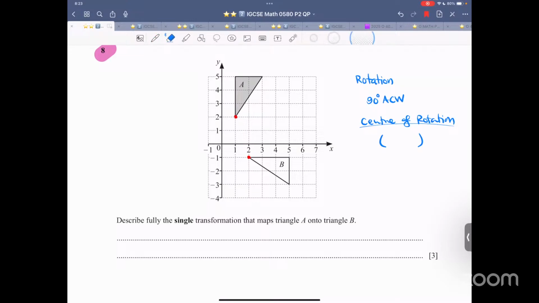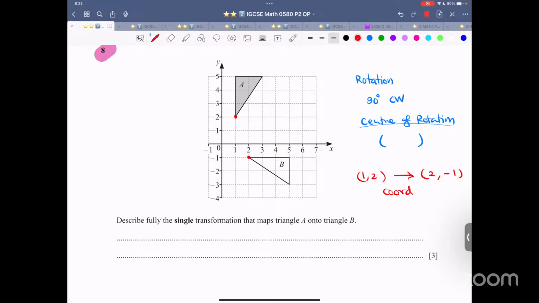So let me use a small eraser over here. This is 90-degree clockwise because it's going like this. This is A to B, not B to A. So that is clockwise, center of rotation. And look at the points over here. So 1, 2, it's becoming 2, negative 1.